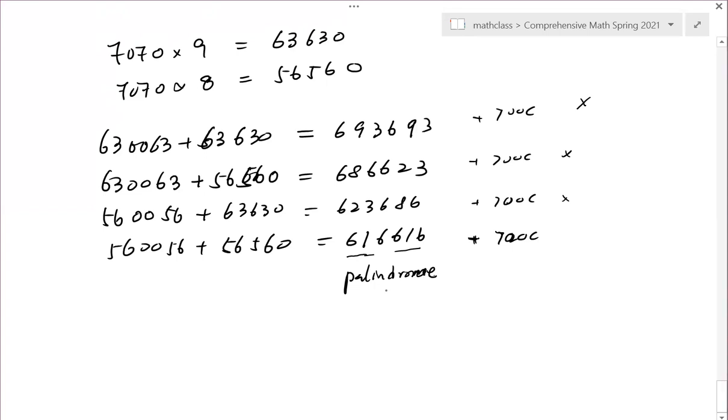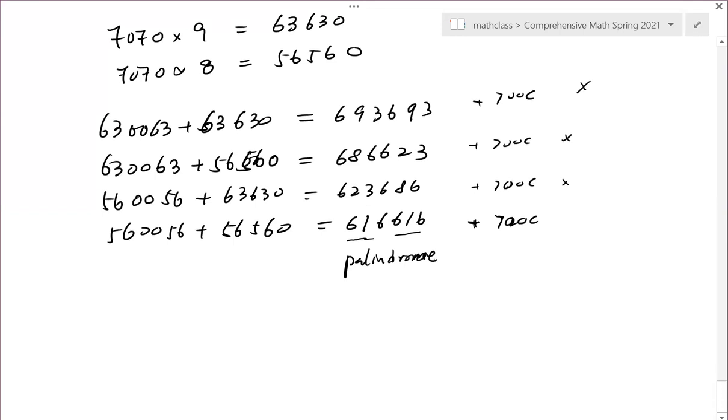Okay. So the only possible solution to make sure you get a palindrome is that C must be equal to 0. Okay. So C must be equal to 0, in order to keep the same pattern. Okay.